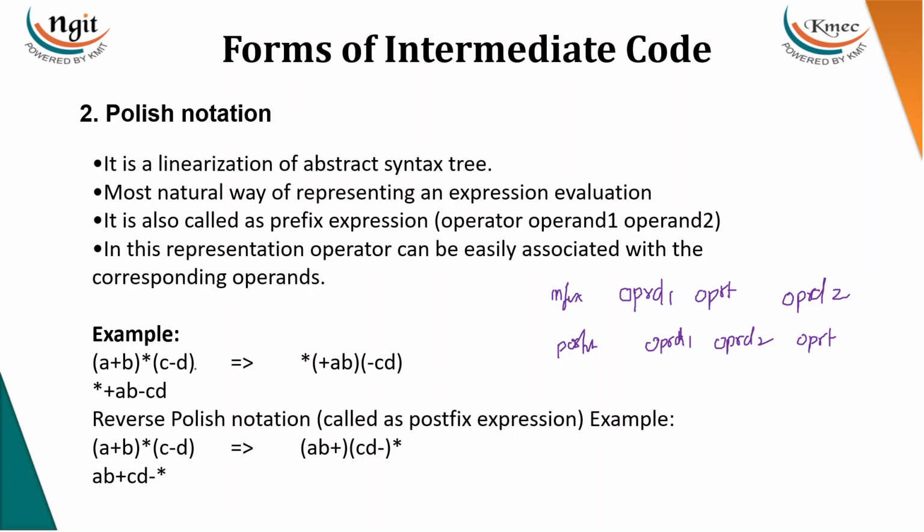See guys, here what is the least precedence operator? a plus b star c minus d. Actually, without parentheses, the minus is the least one. But as we kept it in the parentheses, we are giving higher precedence to the lower precedence operator. To evaluate this expression, you should know the precedence and the associativity, and you should evaluate the higher precedence operators within the parentheses first.